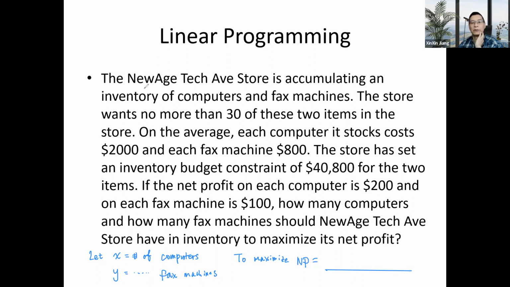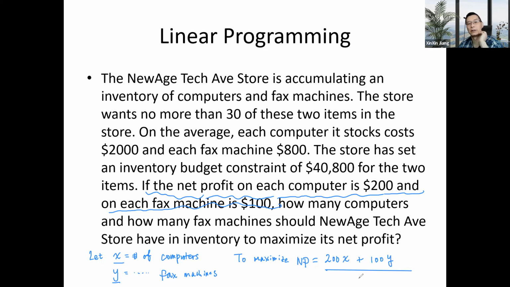So you read the whole problem, and find the sentence that gives you the information about the profit, which is this sentence. If the net profit on each computer is $200 and on each fax machine is $100, but you're selling X computers and Y fax machines, so the net profit would be 200X plus 100Y.